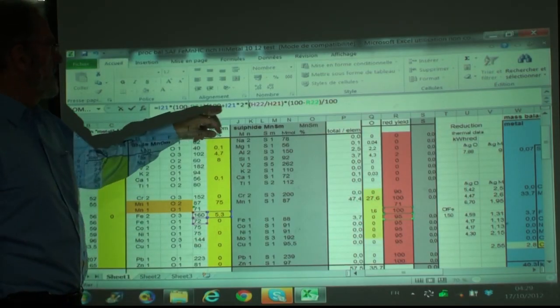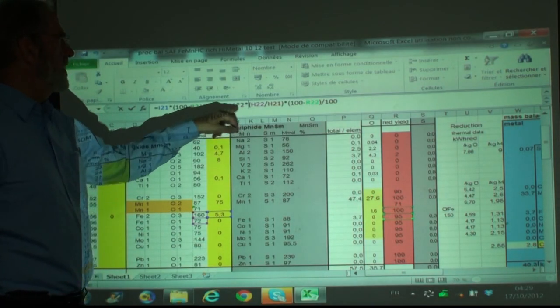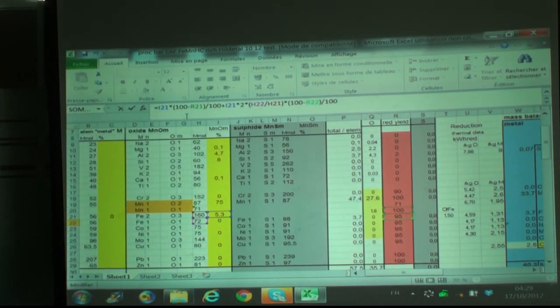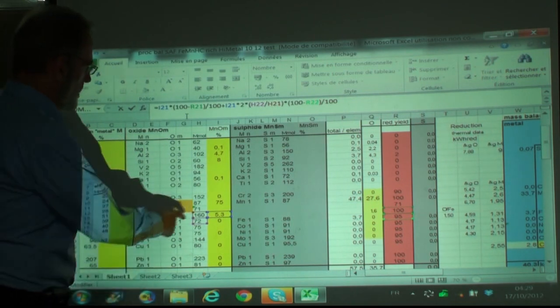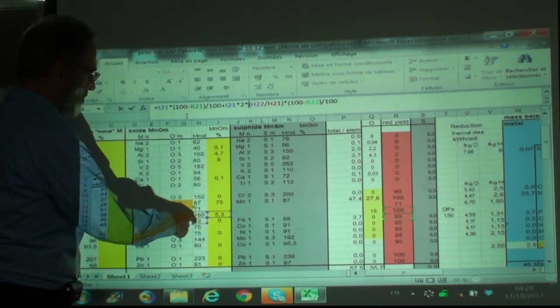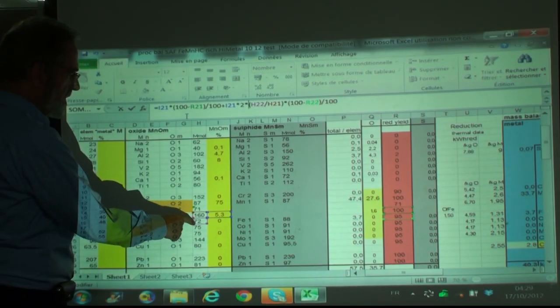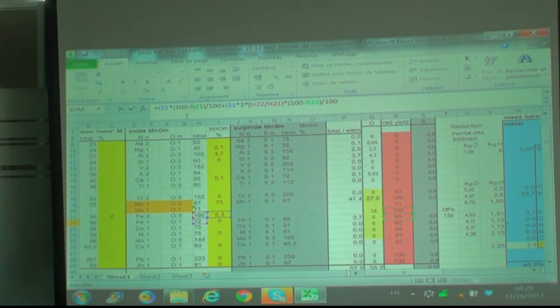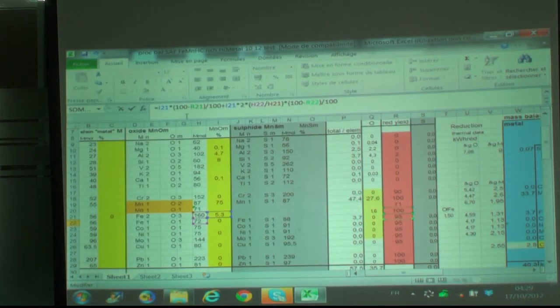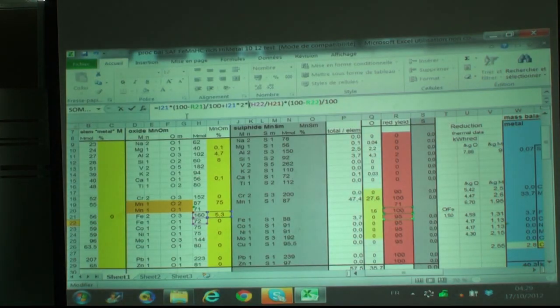So here you have to correct this. You have to consider that 5 kilo Fe2O3, I explain it better. Fe2O3 is twice 56 plus 3 times 16.